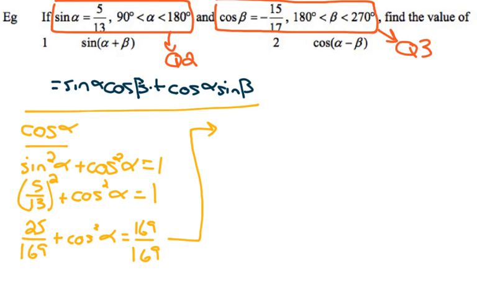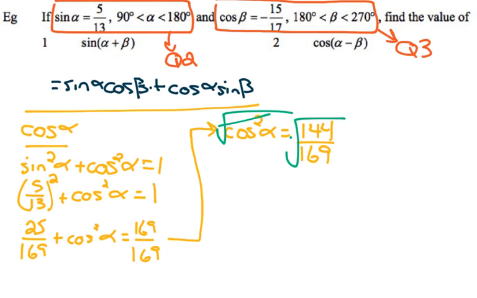Subtract the 25 over 169 over, so we get cos squared A equals 144 over 169. Square root both sides, keeping in mind we need plus or minus. And we get that cos A, if we take the square root, is plus or minus 12 over 13.